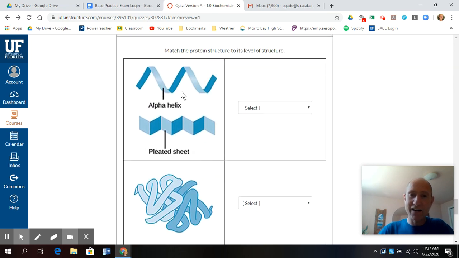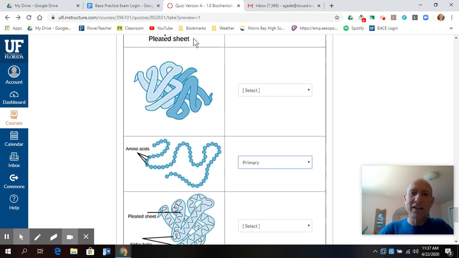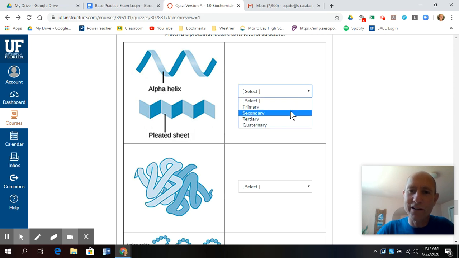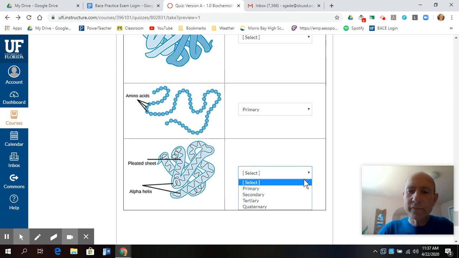And if we look here, we can see that this is an alpha helix and this is a pleated sheet. So we know that this contains both of these. So we know that this is more of a fundamental structure than that other one. I'll leave this one, but I'll show you what's up with that one in a second. So that would mean that that one was secondary and this one was tertiary or third.